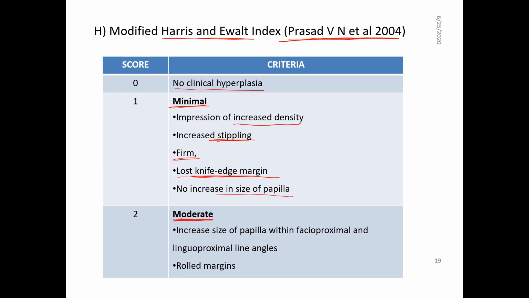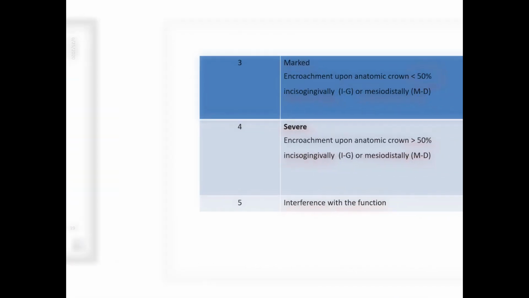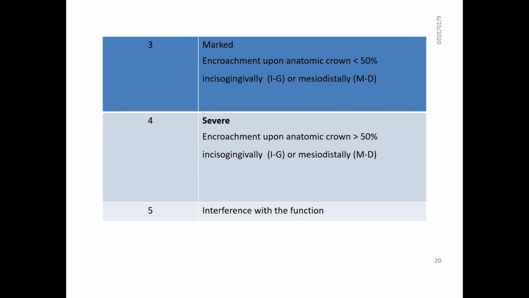Score 2 is given when there are moderate changes, like there will be increase in the size of papilla, there will be rolled margins. In the first, there is the loss of knife edge margins, and in the second score, there are rolled margins. In the third, there are marked changes. The encroachment of the gingiva is upon anatomic crown and it covers less than 50%.